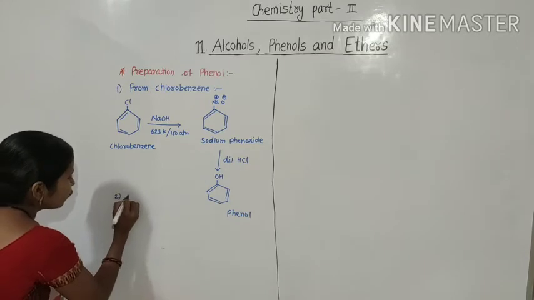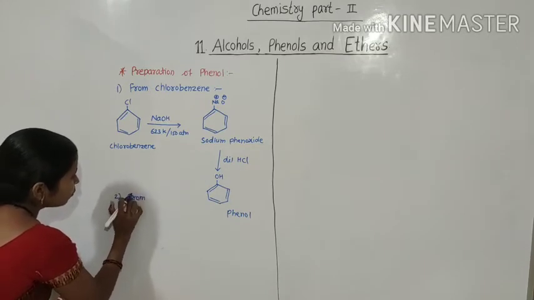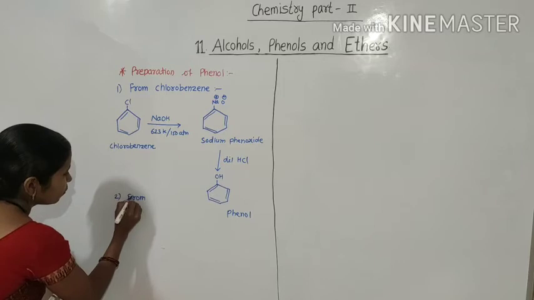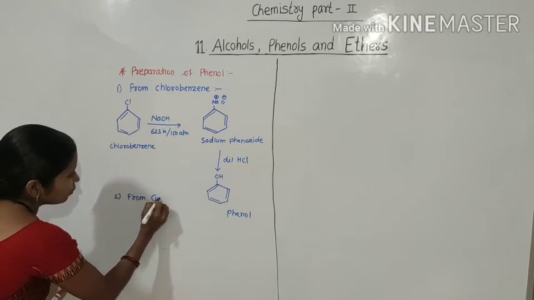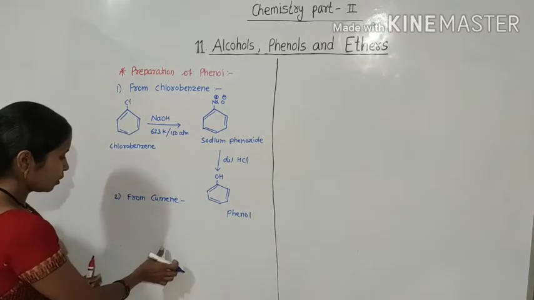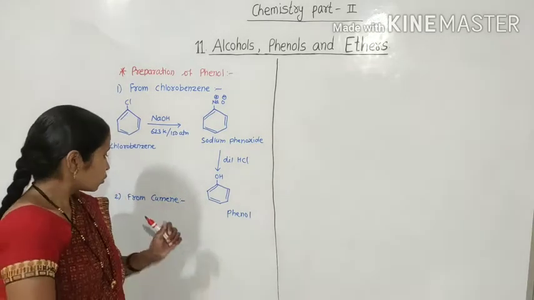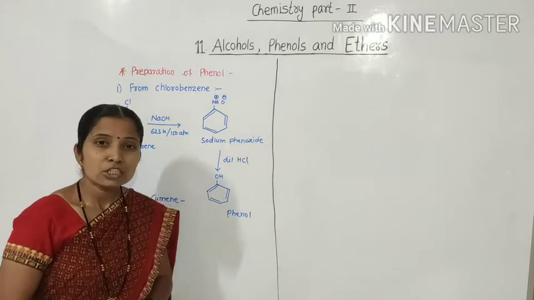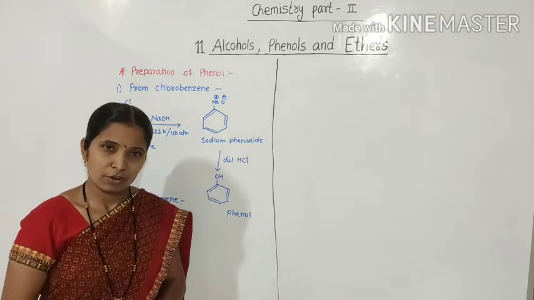The second one is from cumene. So how is phenol obtained from cumene? This is the commercial method of preparation of phenol.